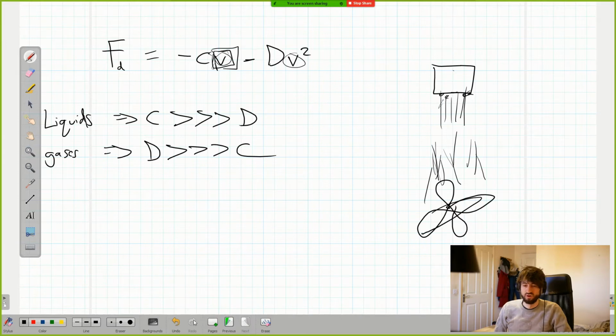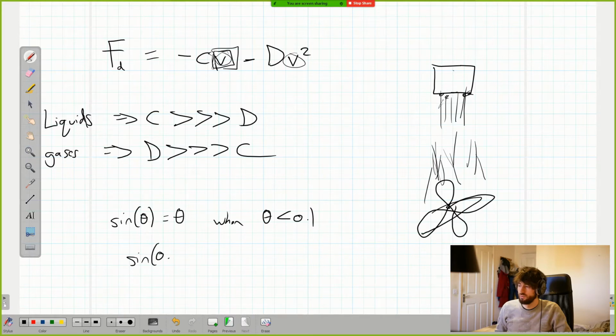Now, one trick we do in physics a lot is say, hey, sine theta equals theta when theta is less than 0.1. If you look this up yourself, you can just put in a calculator, sine 0.001, and you'll see that it's about equal to, like 0.0999, something like that.